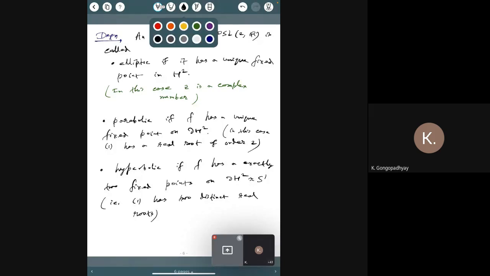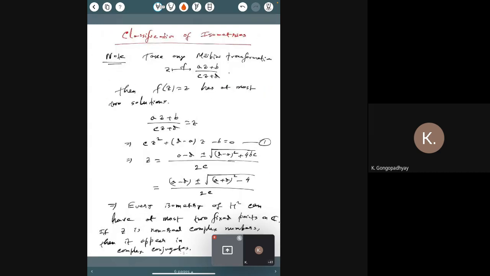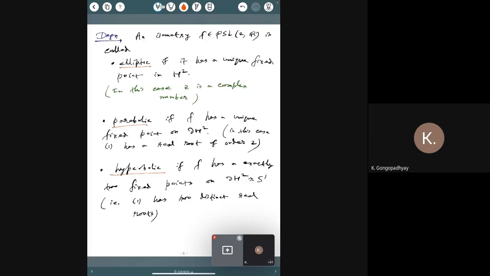So this is a trichotomy of classification into elliptic, parabolic, and hyperbolic isometries, and they are mutually exclusive. When you solve this quadratic equation, these are the only possibilities, so every isometry of the hyperbolic plane is one of these 3 types.